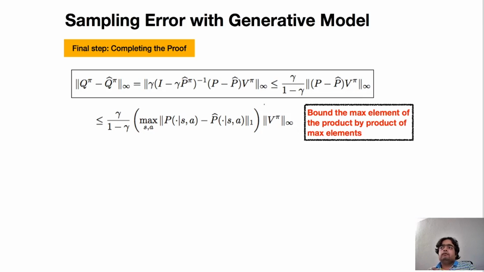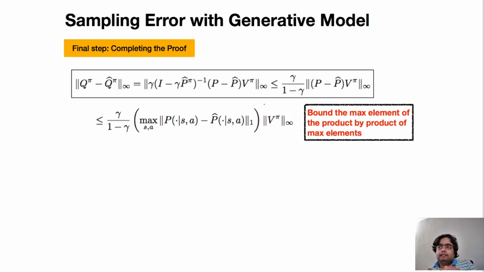So what we can do now is say that if you were to bound the maximum value of a product of p minus p hat and v pi, we might as well just bound the product of the maximum elements, right? Because the maximum value of a product is less than or equal to the product of the maximum values, intuitively.